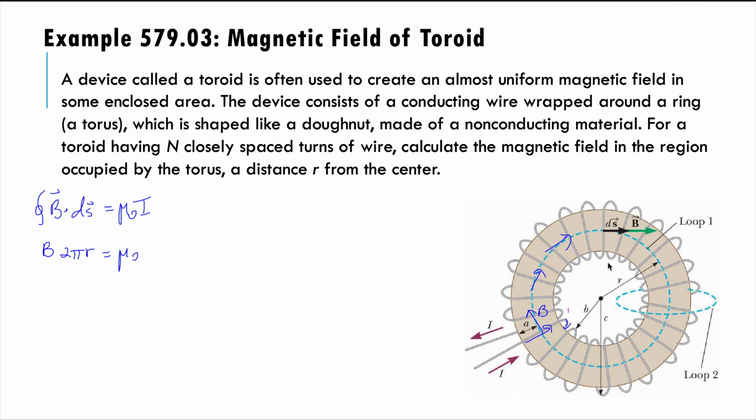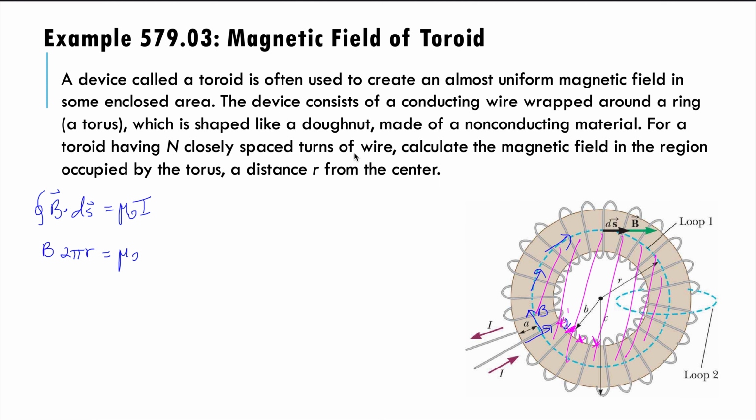So if you create a surface here that is bounded by this Amperian loop, then where is the current penetrating it? And you can see it's penetrating always here, right? The current here is going into the page, into the page, into the page. So everywhere the current is going into the page here, it is penetrating that loop.